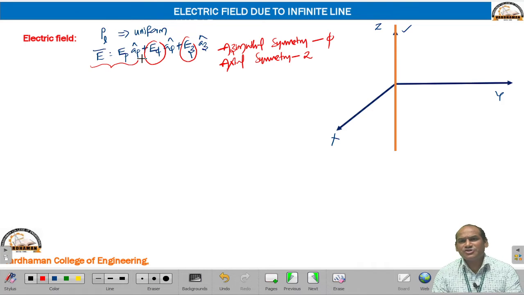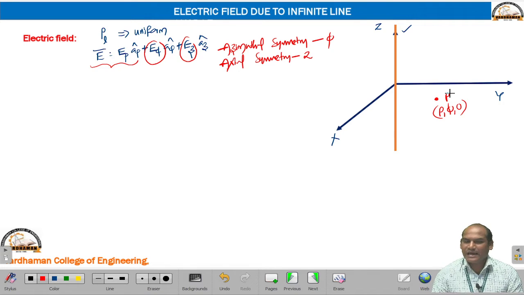So we will assume that our observation point is on the xy plane. On the xy plane the z coordinate is 0. So the observation point coordinates are rho, phi, 0. This is the observation point where we are finding the electric field.